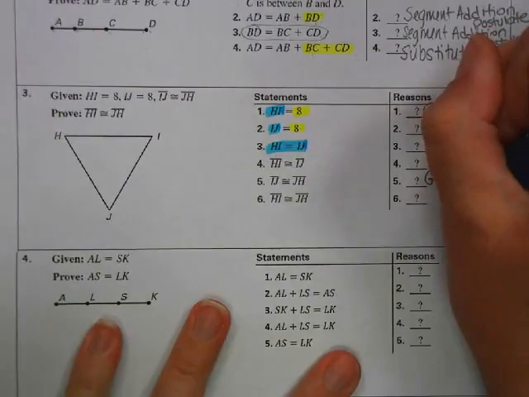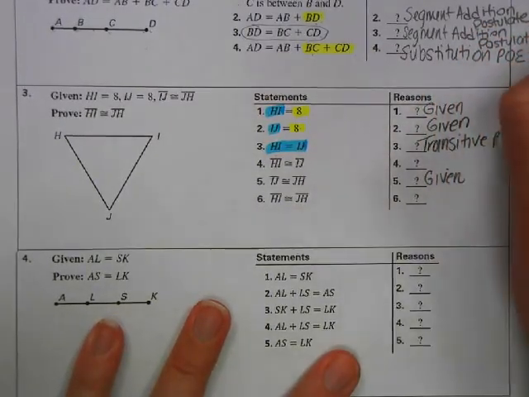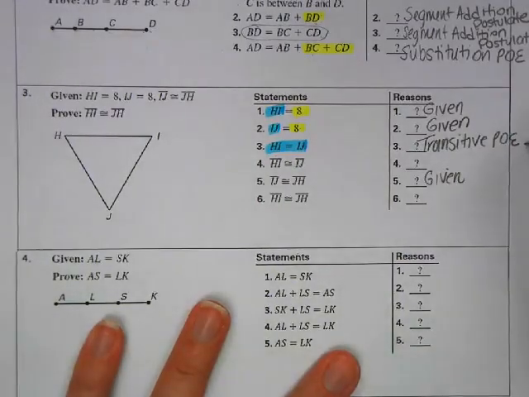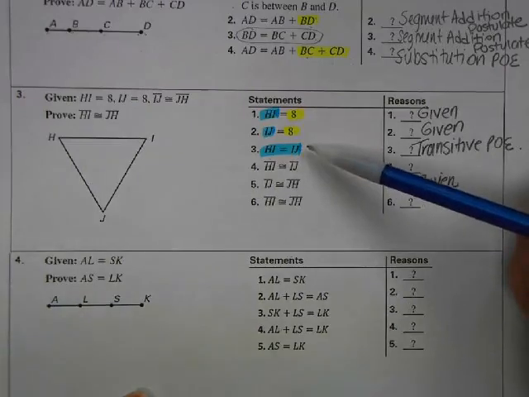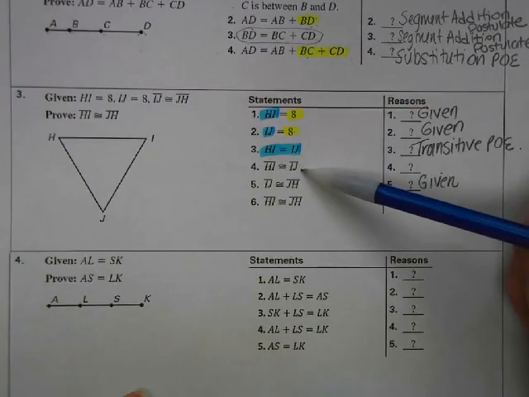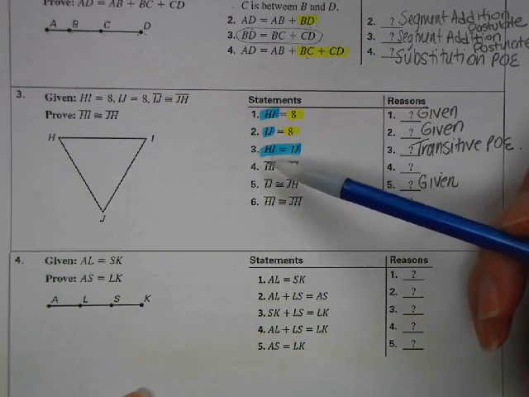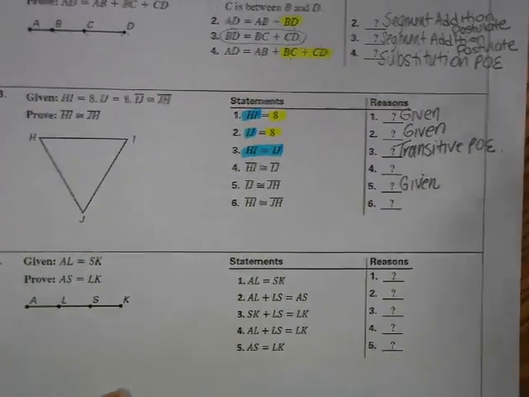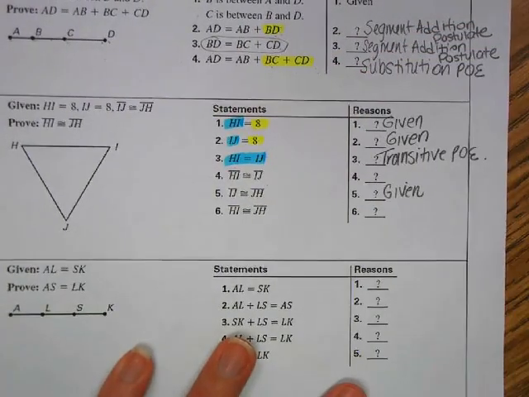So that's the transitive property of equality. And since there's equal signs, that's your equality. Then it went from being equal to congruent. So anytime, we talked about this yesterday, anytime you go from having an equal sign to a congruent sign, but everything else stays the same, you still have HI and IJ, that's the definition of congruent segments.